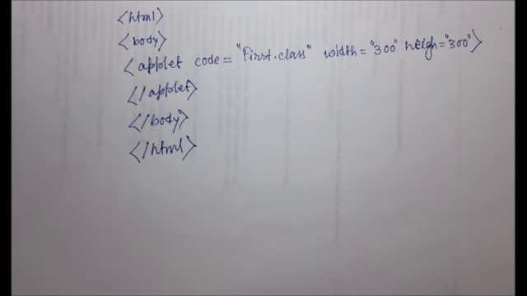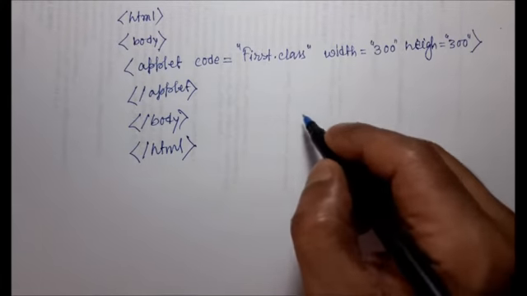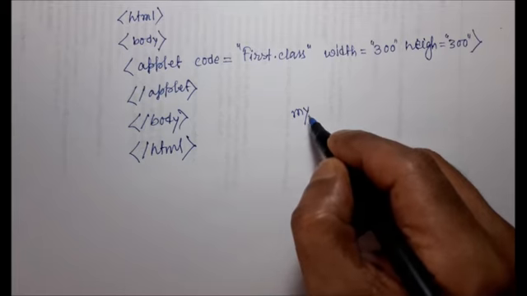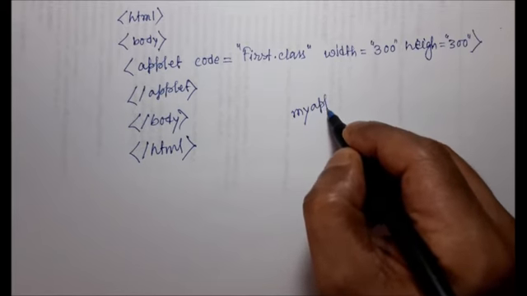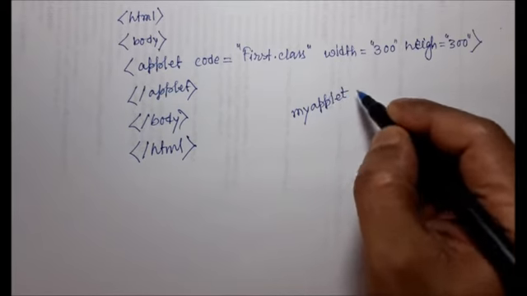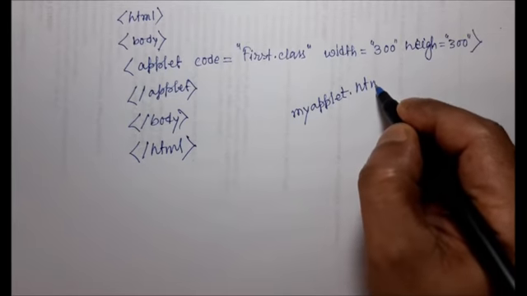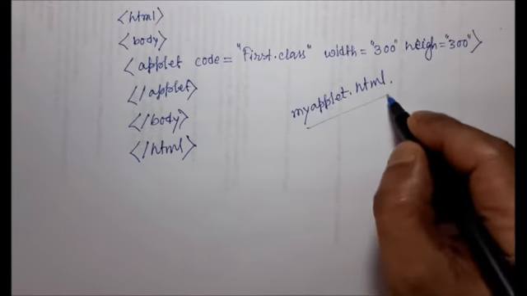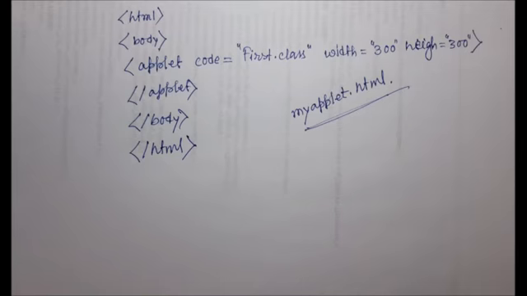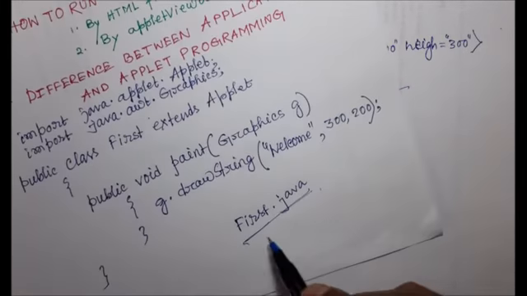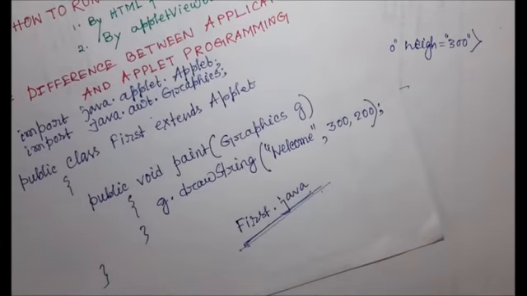You can give it any name; for example I am giving the name myapplet.html. So we have two files: one is the HTML file, and the other is first.java. This is my Java file, or applet file.